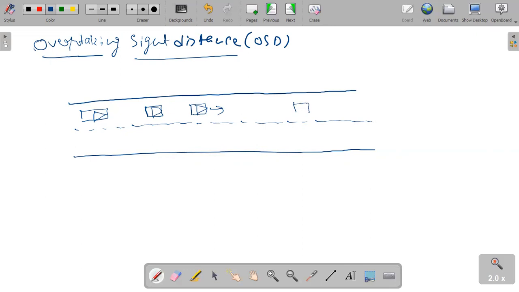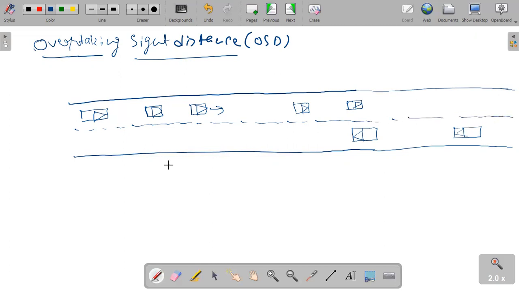On the opposite side there are also two vehicles, one here and the other here.